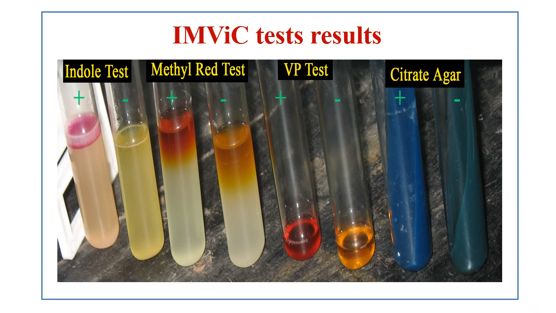For example, a pink ring in the indole test indicates the positive result. In methyl red, the red broth indicates the positive result. In Voges-Proskauer, the red surface indicates the positive result. In citrate, the blue color, the blue slant, indicates the positive result.